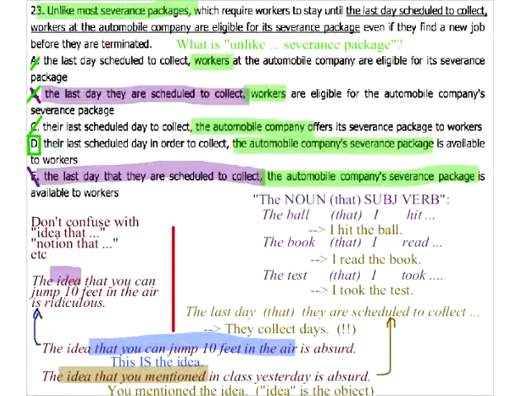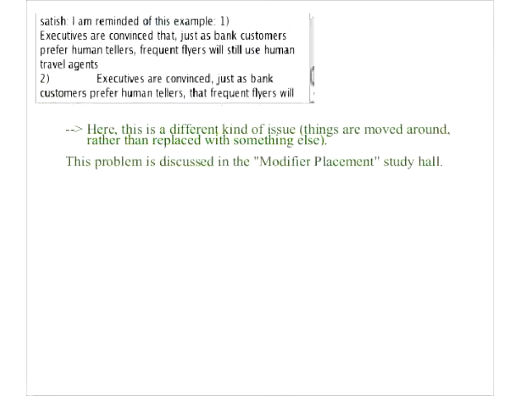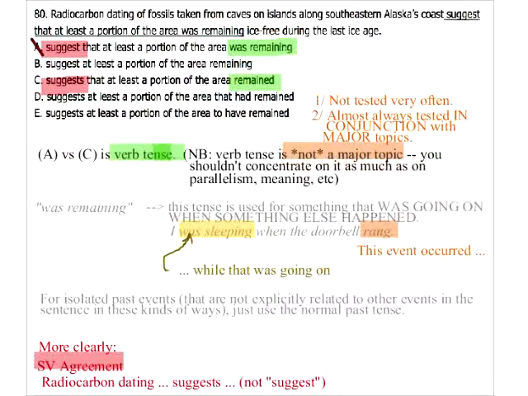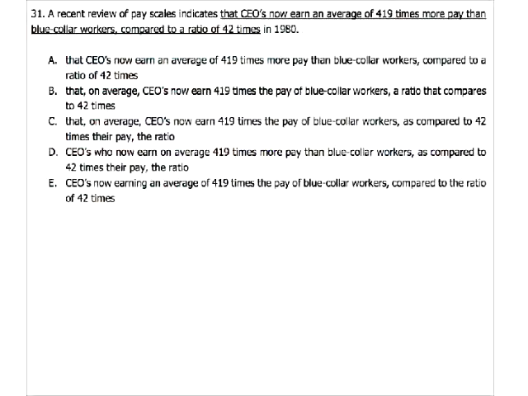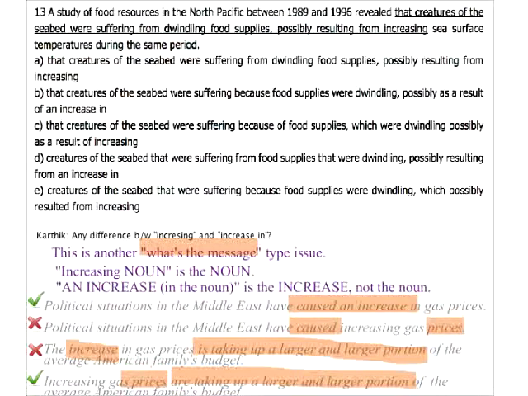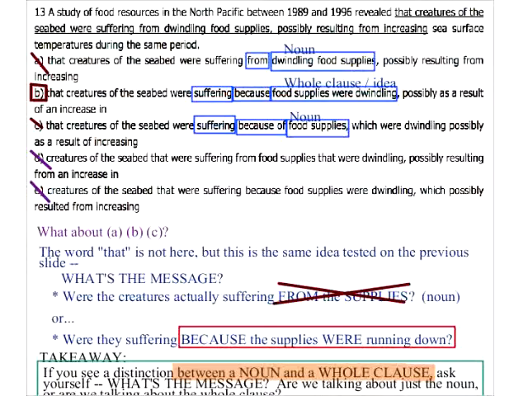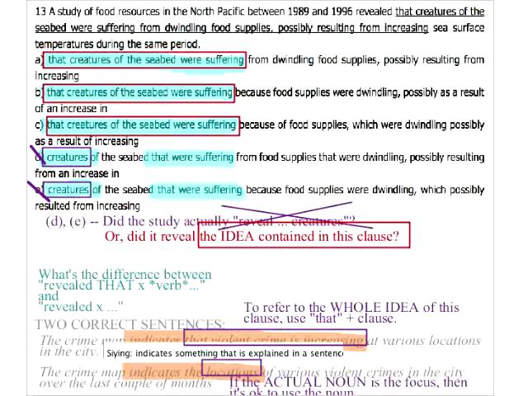Subtle meaning difference. I wouldn't really call these differences in meaning subtle. What might be subtle is the constructions themselves. But if you look at the differences we've been looking at in this study hall, the differences are not subtle. This was the first problem here.